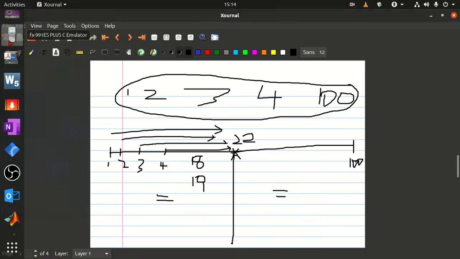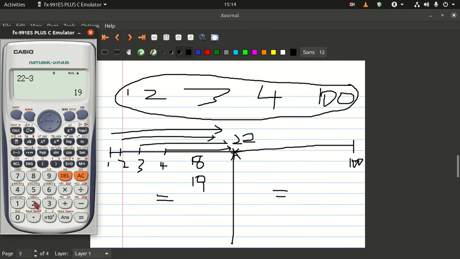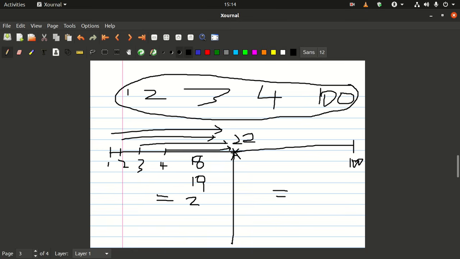And then I look at the other one, 22 minus 2, I have a 20 there. And the other one is 22 minus 1, which is going to be 21.